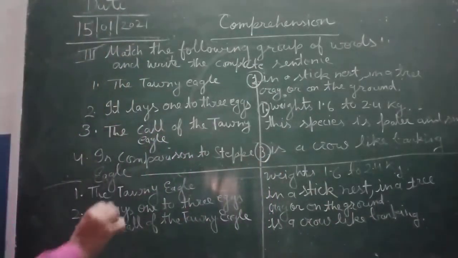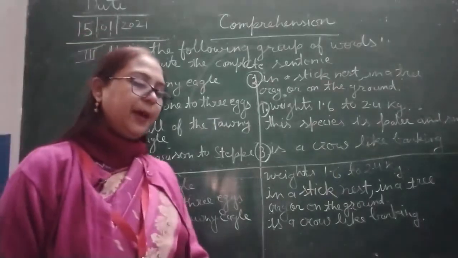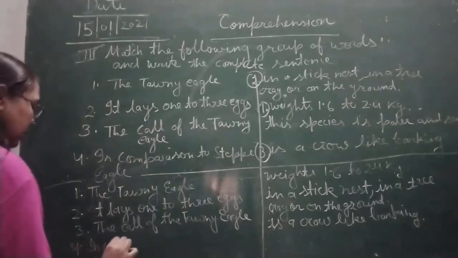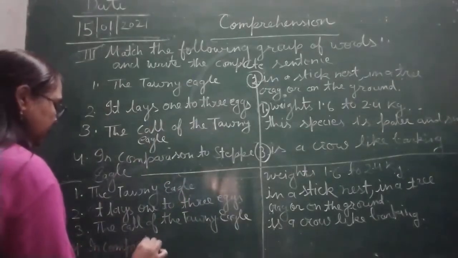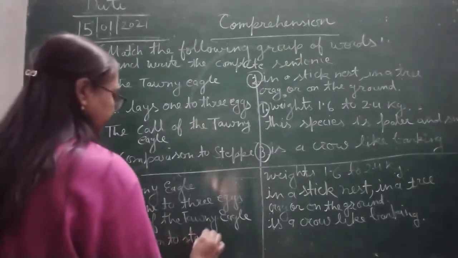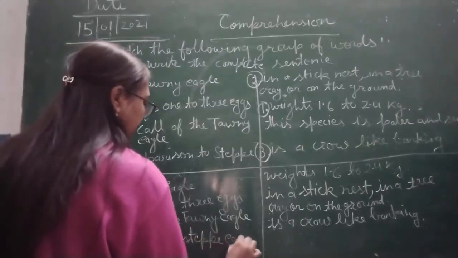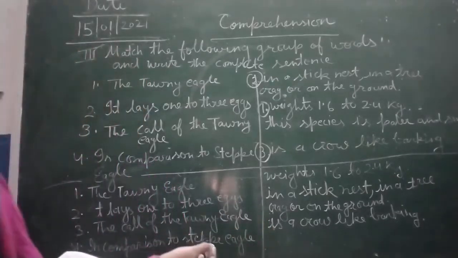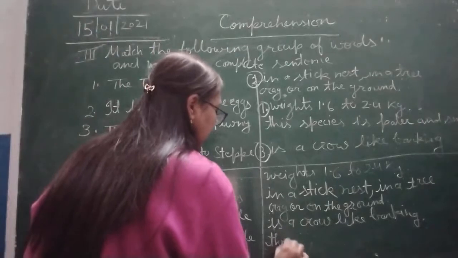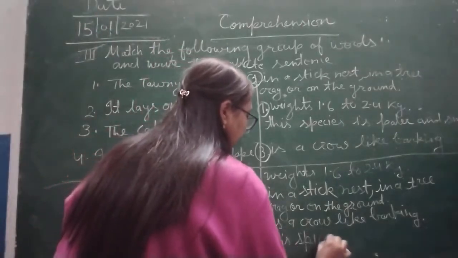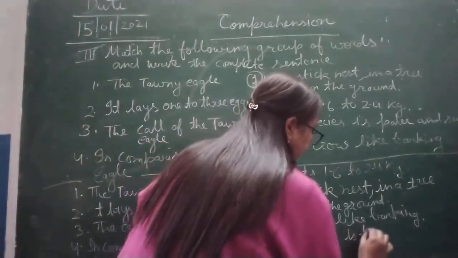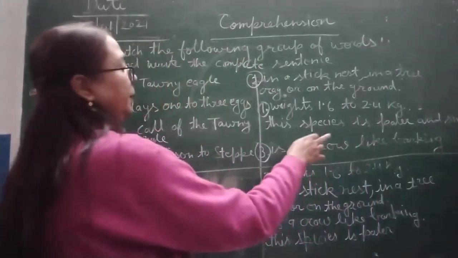Now we are moving to the fourth one. In comparison to steppe eagle, this species is paler and smaller.